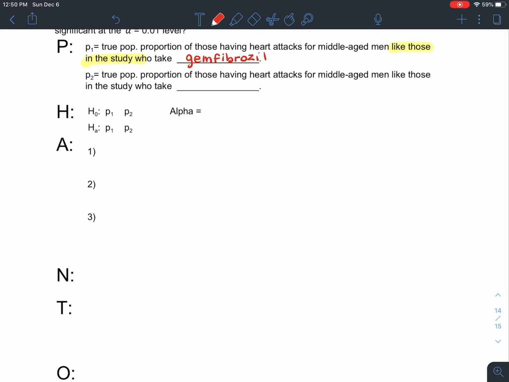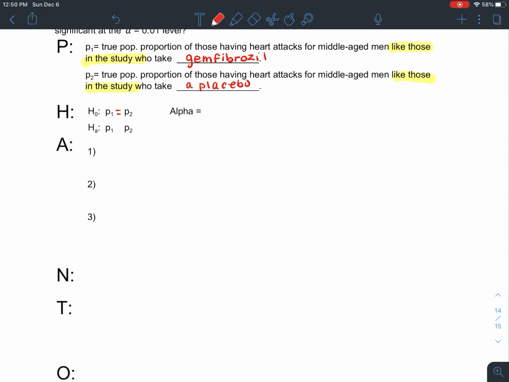The reason I said like those in the study is because it described that these men were not selected at random, but rather they were volunteers. p2 will be the true population proportion of those having heart attacks for middle-aged men like those in the study who take a placebo.